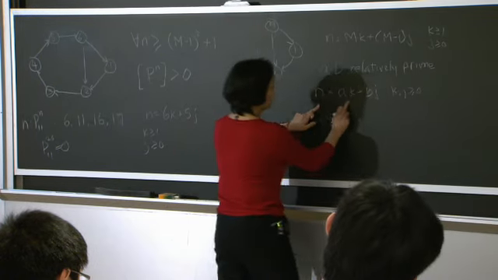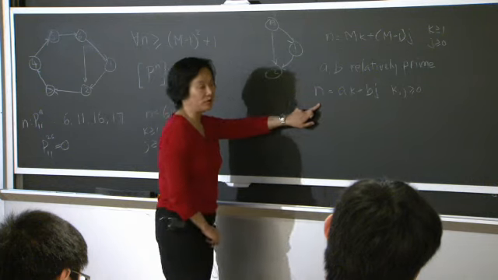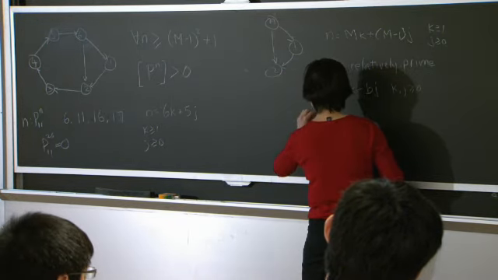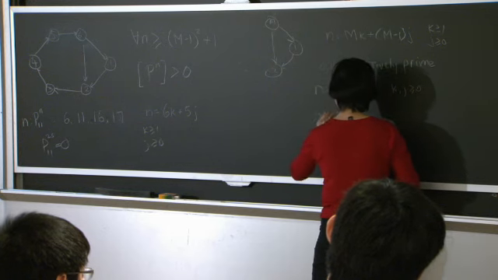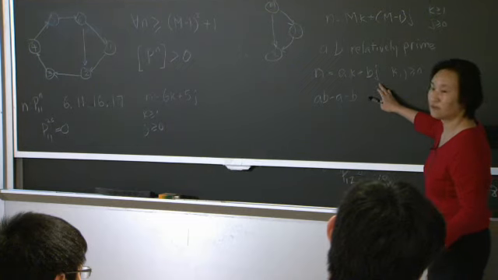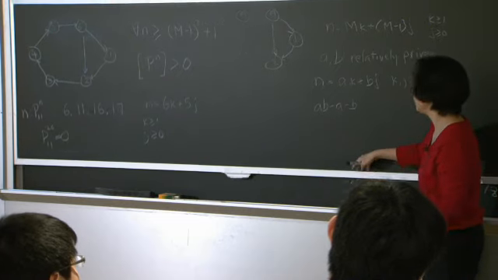The largest integer that cannot be written in this form is AB minus A minus B. This takes a little bit to prove, but it's not too hard. If you want to know this proof, come see me offline after class.